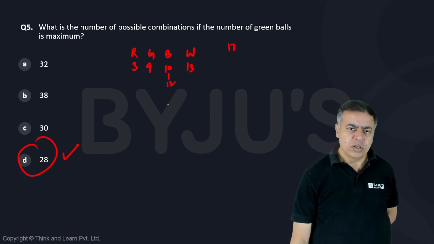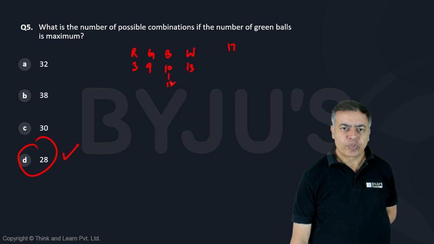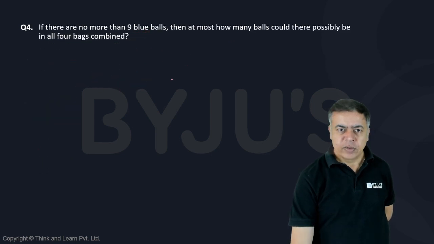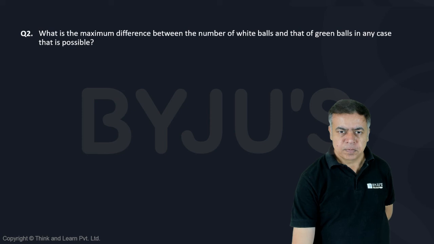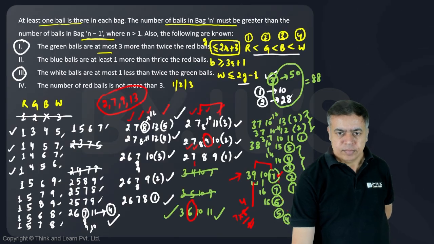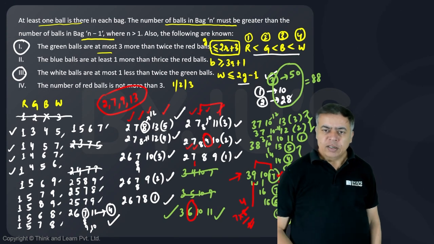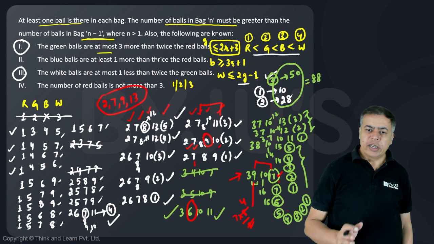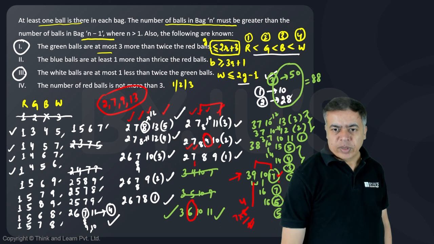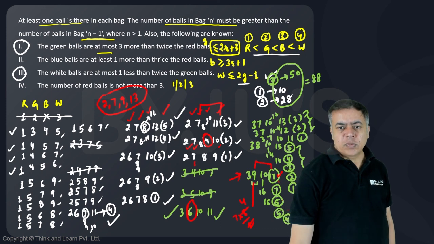Okay, I think so. Just check. Wait a minute, I need to check again. If it is 3, 9 and 10, oh sorry, it is 10 to 16, because I am taking that as 17.